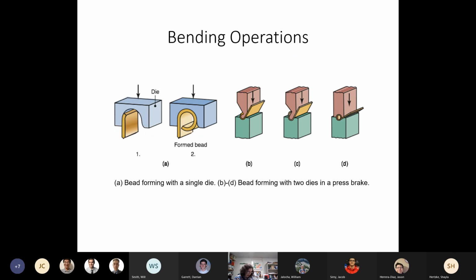We also have what we would call bead forming, where we bring the sheet in and form this bead. It is also important to recognize that there is a piece of equipment called a press brake, and bending is often done in that press brake.